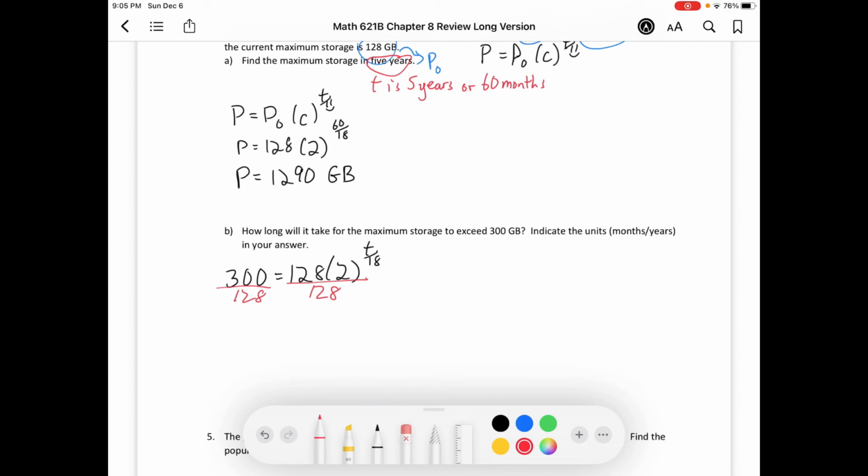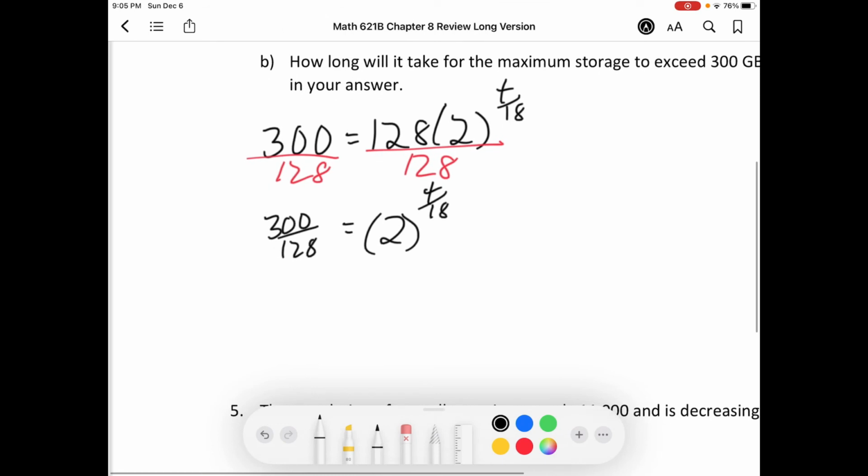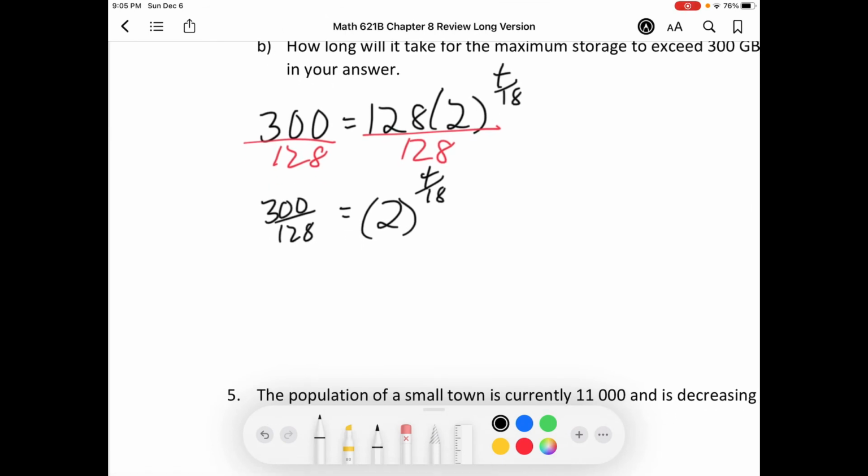So you can leave that as 300 over 128 if you want. I think I may do that, 300 over 128. Or you can figure it out as a decimal. That's fine either way. 2 to the t over 18. Okay. So now we're thinking, I got to get t on its own. It's stuck up there in the exponent. Only way to do that is to log both sides.